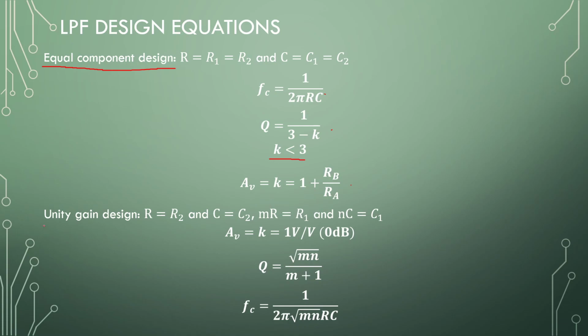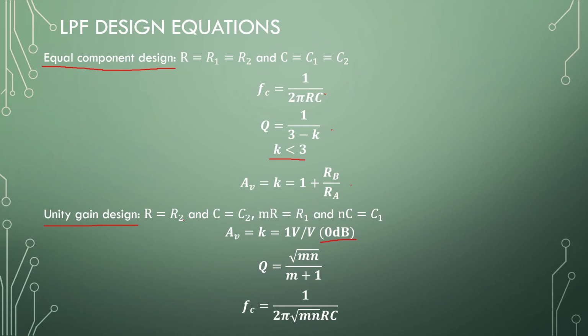The second one is a unity gain design. In the passband you will have 0 dB, so K is 1 volt per volt. This is also the minimum component approach, so the op-amp just becomes a buffer circuit. And your Q is the ratio of components.